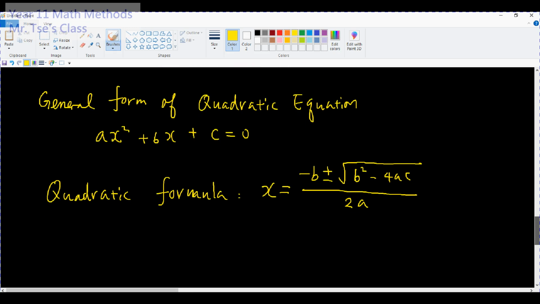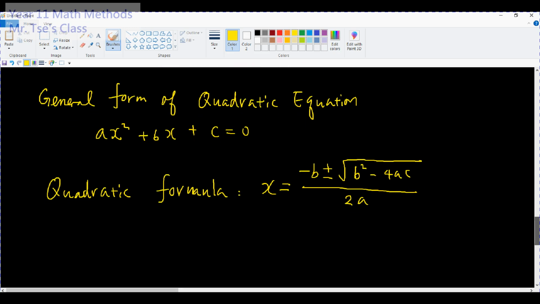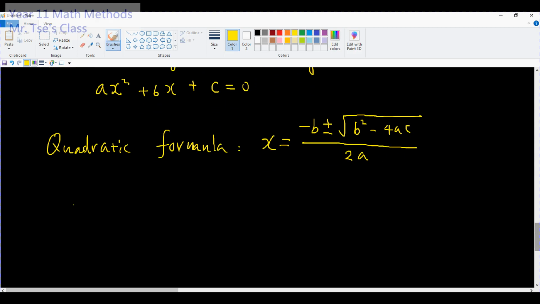All right, so that's the quadratic equation, and also you have that formula. So why do we need to learn it? First of all, you need to see whether that formula will give you the same solution as we got in the factorization.